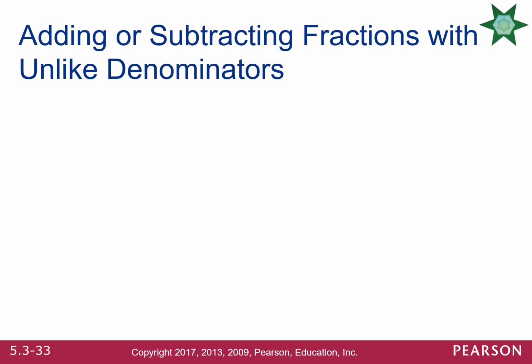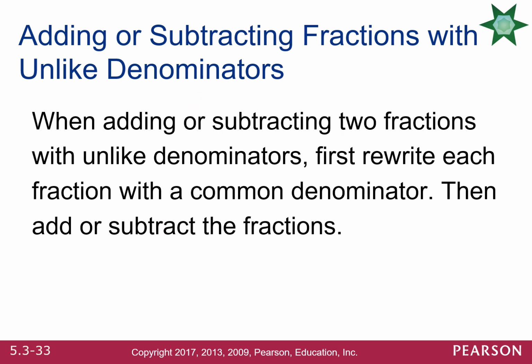So now that we understand what equivalent fractions are, we can talk about adding or subtracting fractions with unlike denominators. That means when the denominators of the two fractions are not the same. All right. So when adding or subtracting two fractions with unlike denominators, first rewrite each fraction with a common denominator, then add or subtract the fractions.